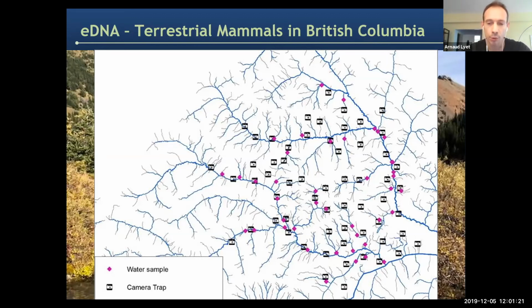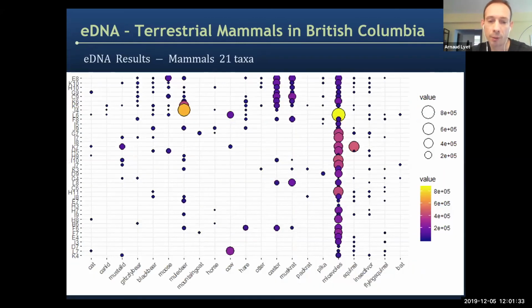We were also very interested in looking at the optimal river size for collection of the different groups of animals. So this is one of the main results that we have. It shows the taxa that we detected for the mammals.